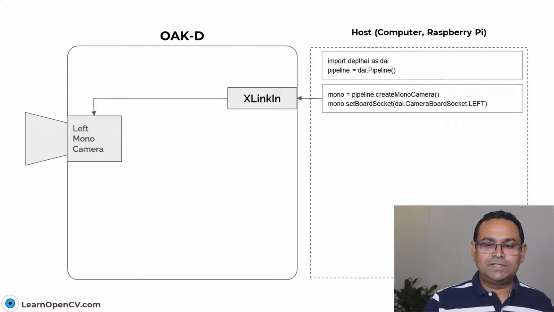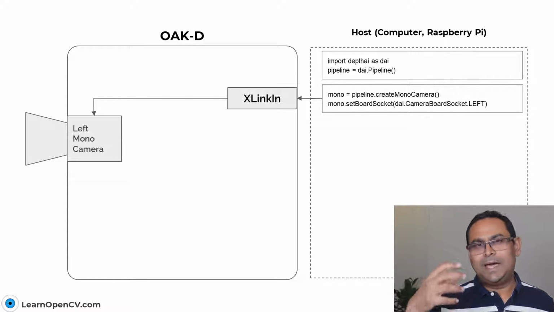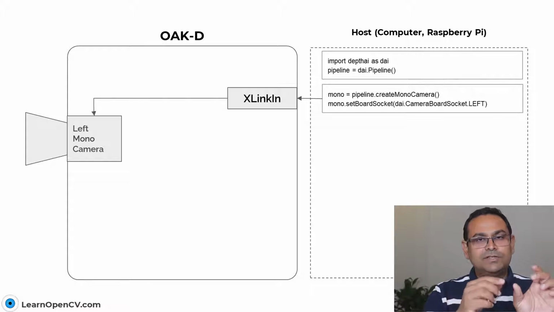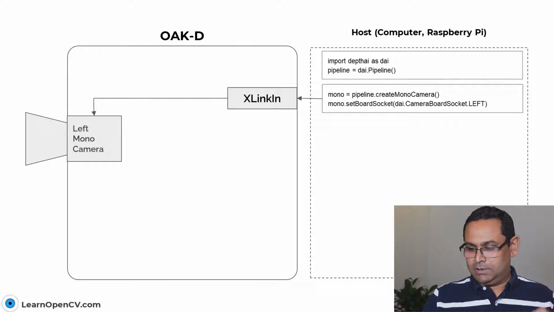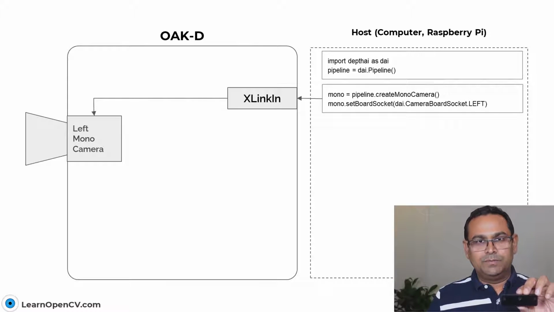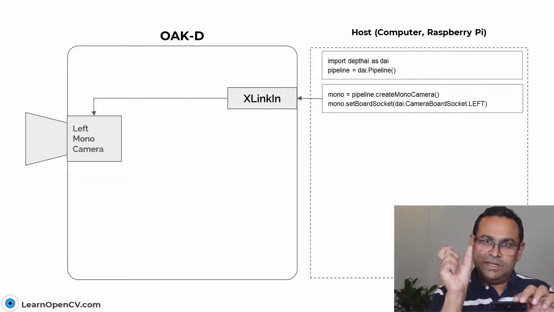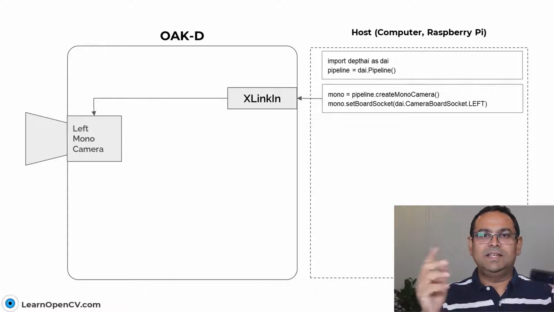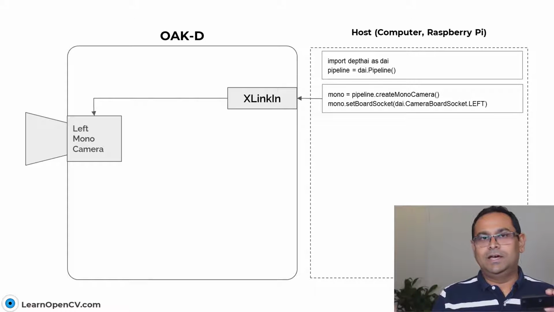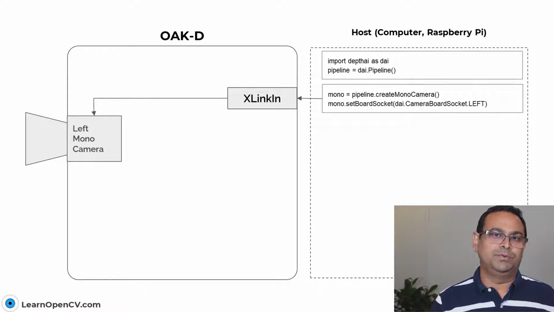So this node is created internally, and XLink is basically a mechanism by which the device, your camera, connects to your computer. So whenever you hear this word XLink, it is basically a connection between your device and your host, or your computer.